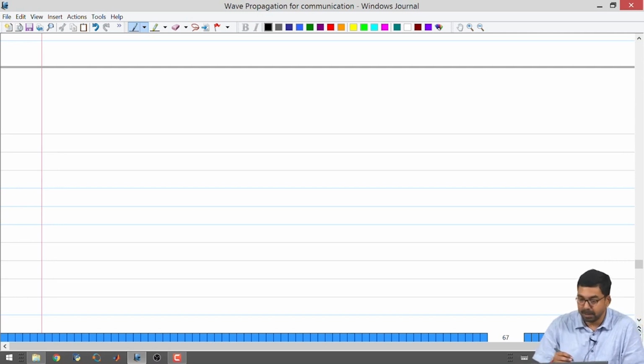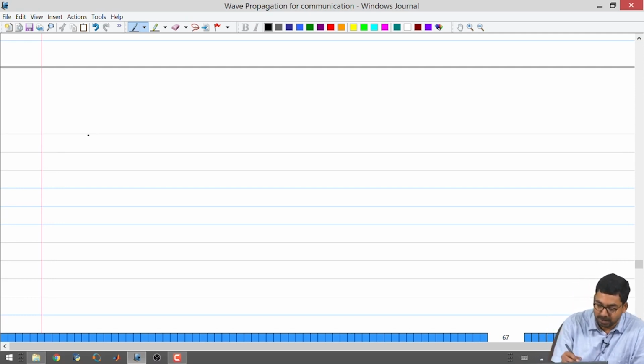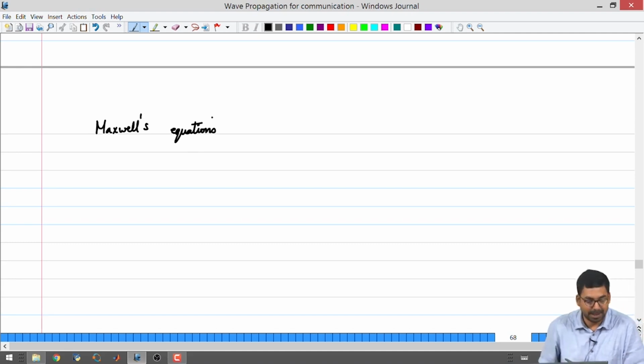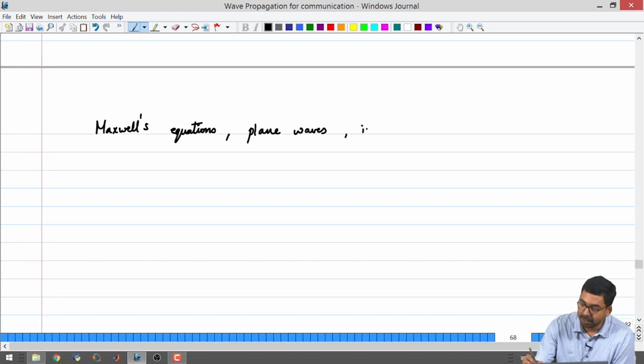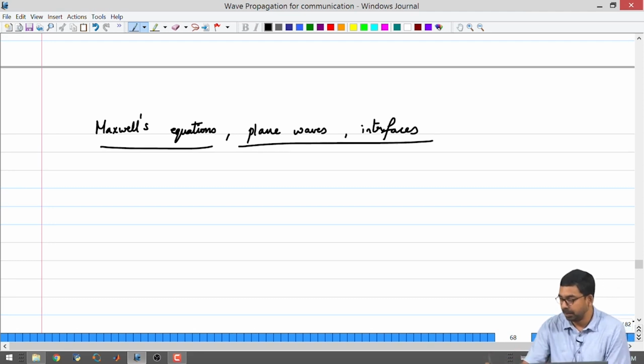So, the broad topics that we are going to be seeing till the next quiz are Maxwell's equations, solutions to the Maxwell's equations and plane waves, and we will also be talking about interfaces. These are the three things that we will be seeing prior to the next quiz.